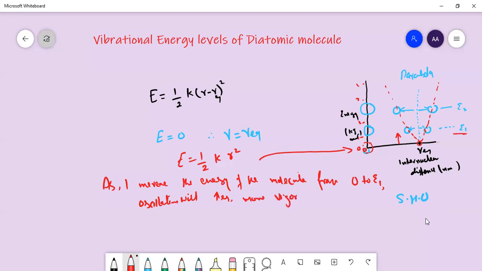Why vigorous? What do we mean by this increase in oscillation? It means that the degree of compression or extension will be greater.